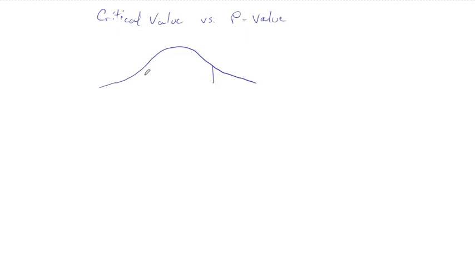Now of course it could end up on the left tail, either way, but let's call this x our test statistic. The test statistic values are going to be on the x-axis, or what we would think of as the x-axis in a normal math class.